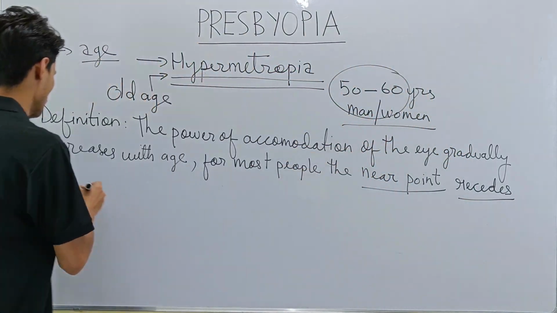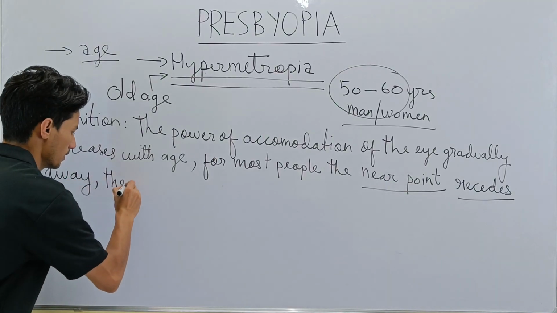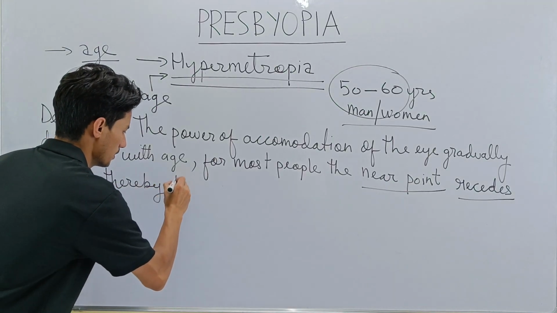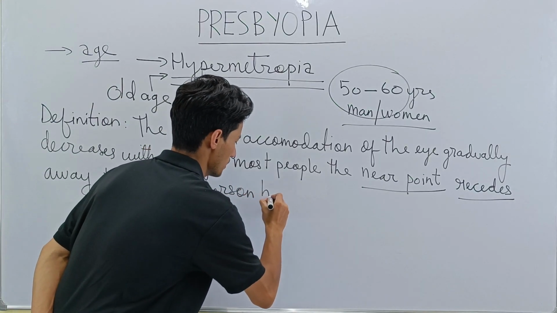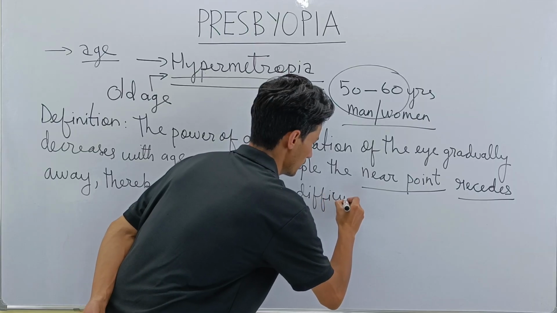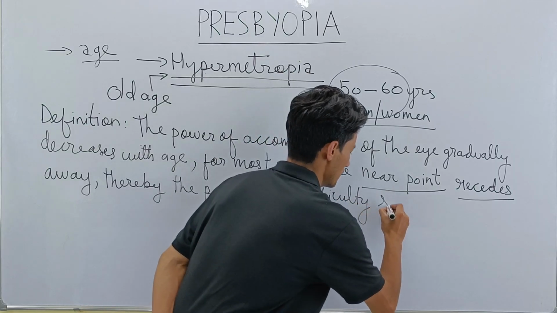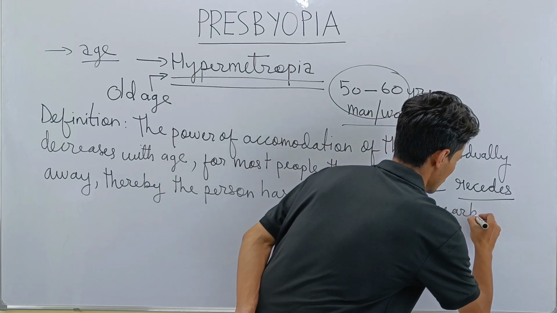The near point recedes away. Thereby, the person has difficulty seeing nearby objects.